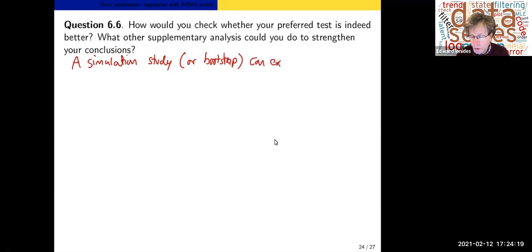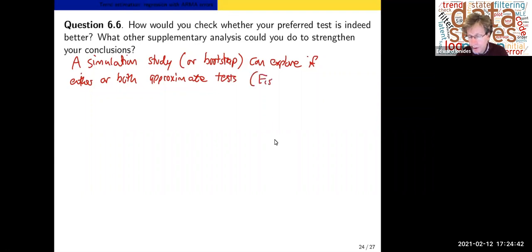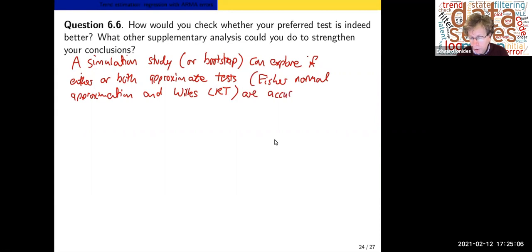What these do is check if either or both approximate tests are accurate for this sample size. And these two tests here are a Fisher normal approximation and a Wilks likelihood ratio test.